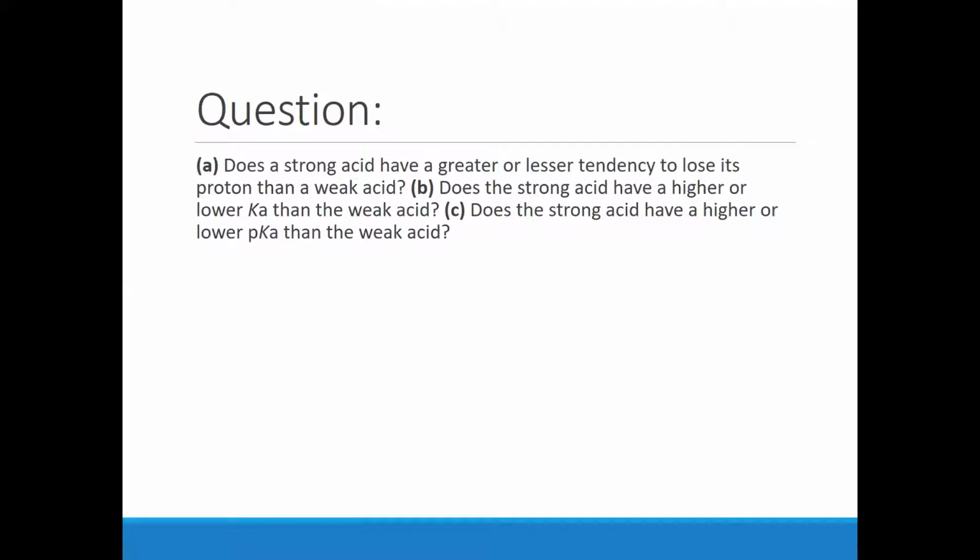So thinking on what we just spoke about, this question is posed. Does a strong acid have a greater or lesser tendency to lose its protons than a weak acid? Well, just in the name, a strong acid is better at donating its H+.